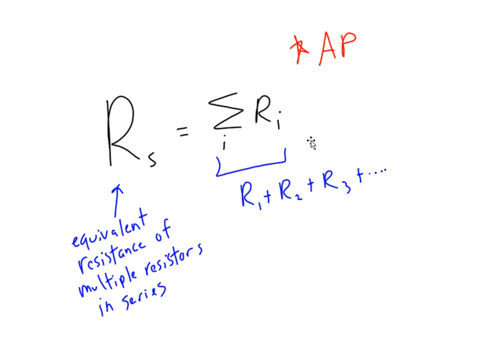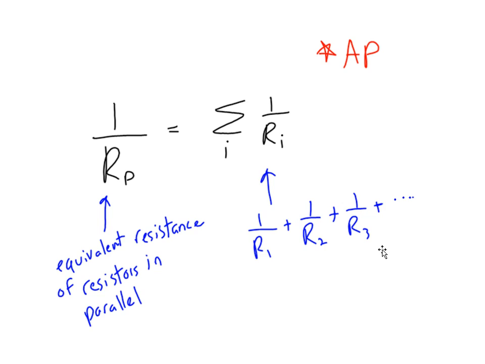This is the way it appears on your formula chart, because this sigma means sum each resistor's resistance. Now, if your resistors are in parallel, then Rp, for resistors in parallel, is given by the summation of the reciprocals.